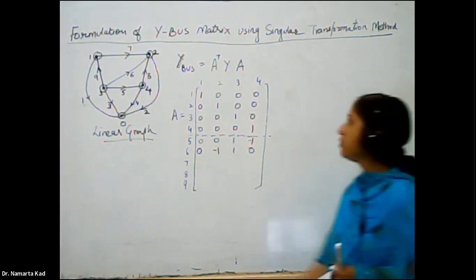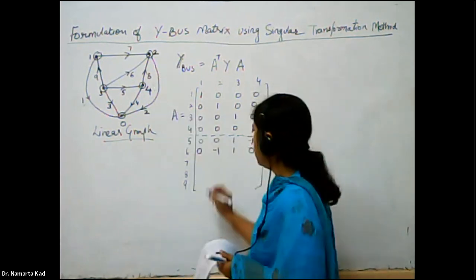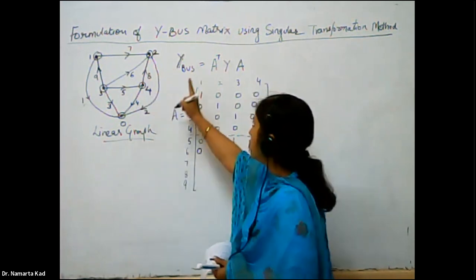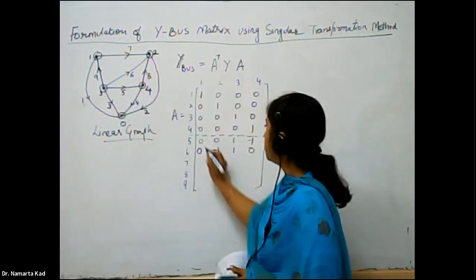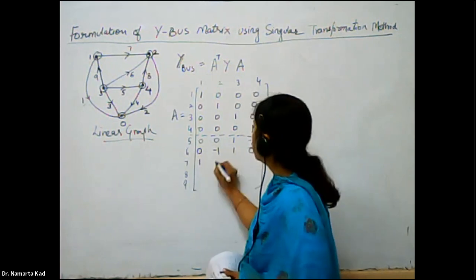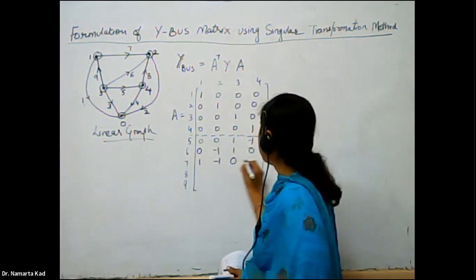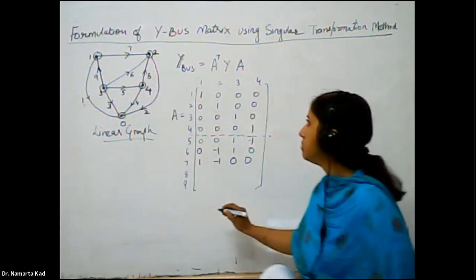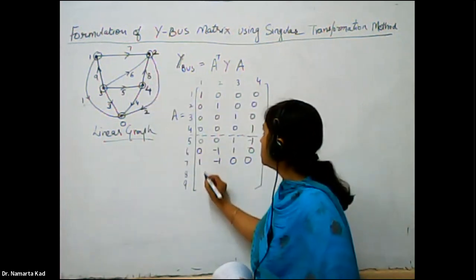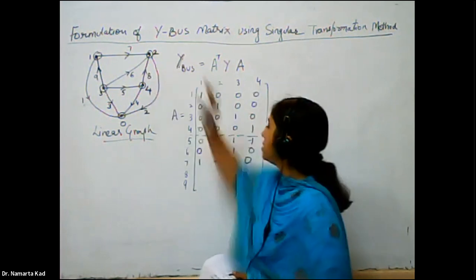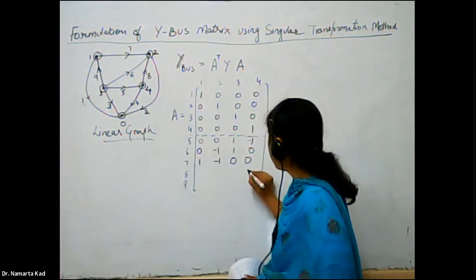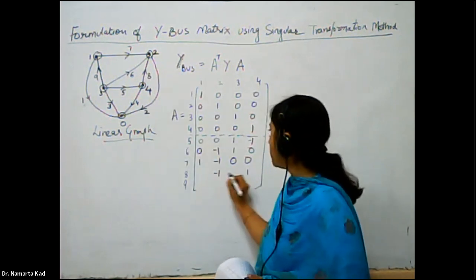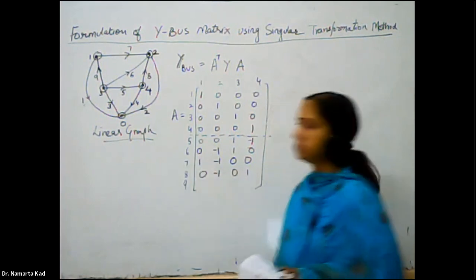Similarly for link 7, it is between 1 and 2, that is V1 minus V2, so here it is 1, here it is minus 1, and these two are 0. And similarly for element 8, this is V4 minus V2, so V4 is 1, V2 is minus 1, and these are 0.